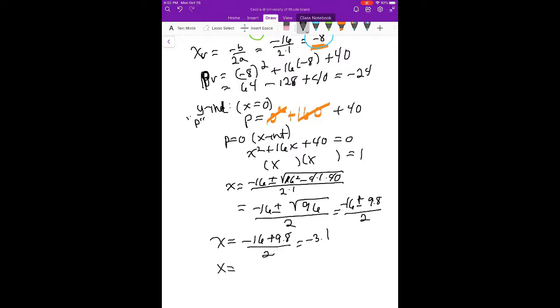And then the other value is going to be negative 16 minus 9.8, the whole thing divided by 2. It's minus 8.5.